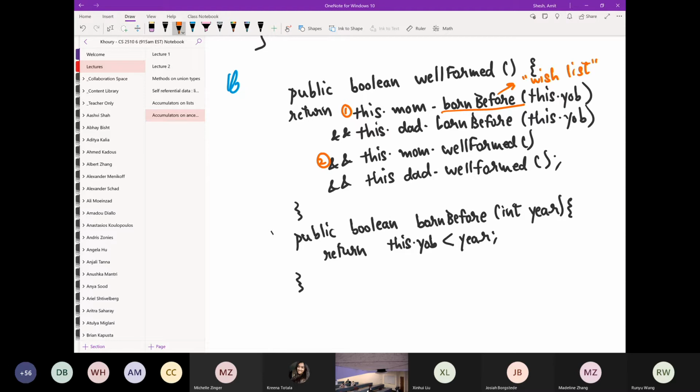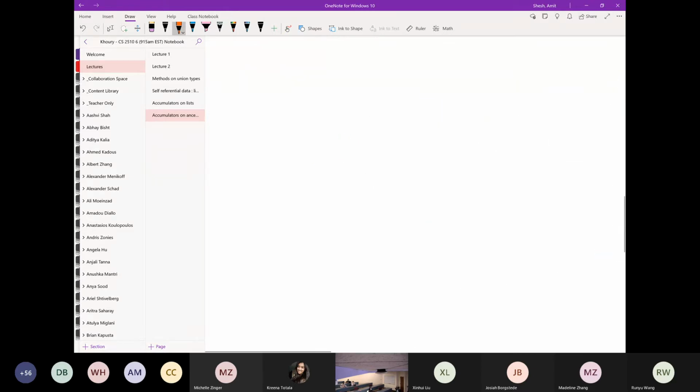So the mom can tell if mom's tree is well formed. So that third line is okay. But the first line, flipping it from the perspective of the mom, it is, am I born before my child? And so I can answer that question with a method if that method takes the child's year of birth as a parameter. So I'm going to flip that around.